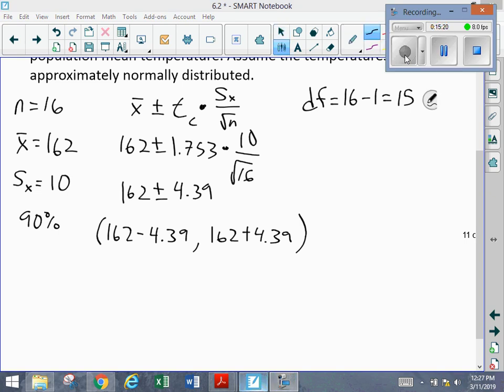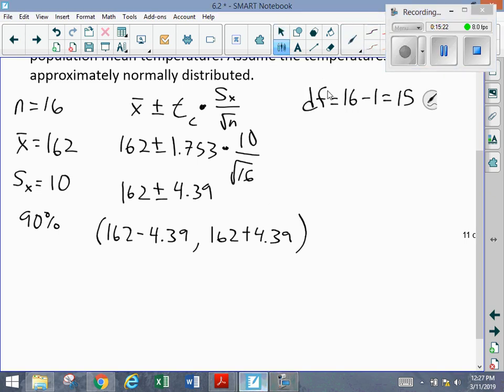All right, so when I add that quantity, I get 157.61, comma, 166.39. And there is our 90% confidence interval.